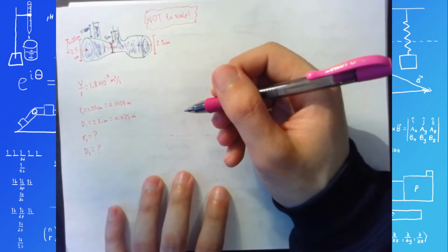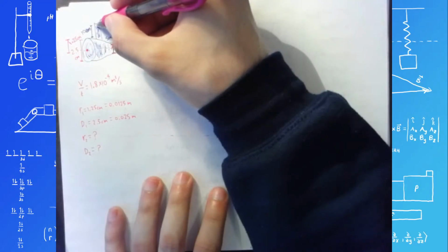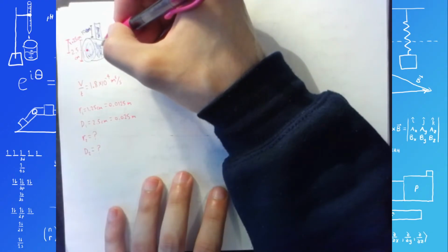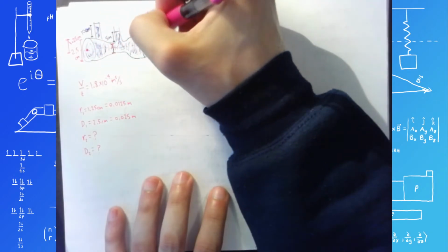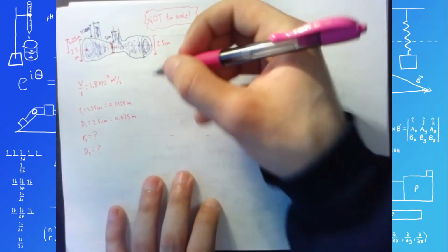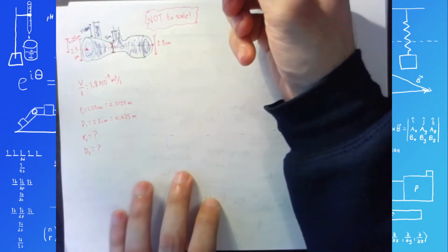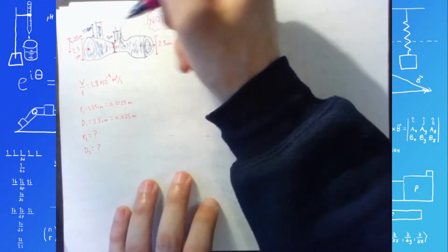And then we have 10 centimeters of water above 1.25, so it's a total of 11.25 centimeters above this dotted line that I drew. If I set this to be my zero height line, this is 11.25 centimeters above it.